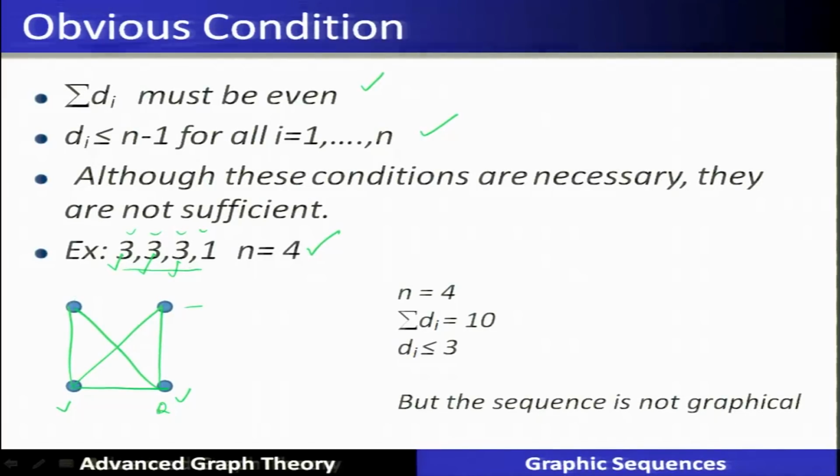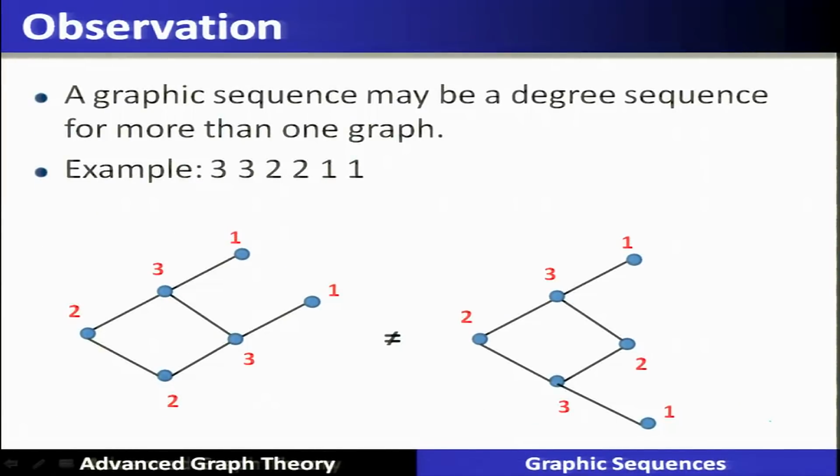This node has basically exceeded its degree, hence it is not possible to make a graph out of this degree sequence, hence the sequence is not graphic. So we have seen that although the necessary conditions are satisfied, a sufficient condition is also required. Here the sufficient condition fails, hence this particular sequence is not graphical.